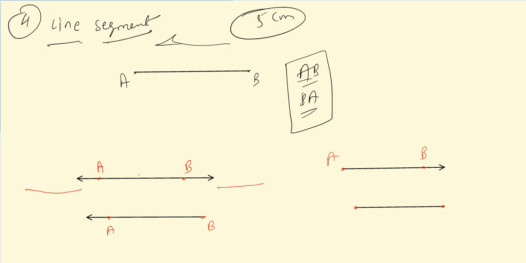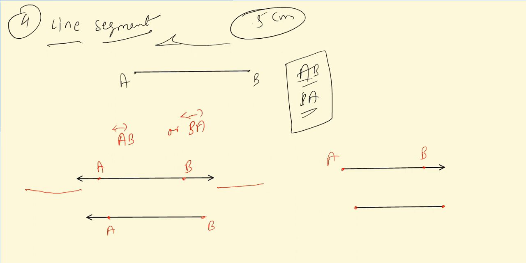So in both directions you can extend this line. So this is your line. You can write this as AB or BA or simply line AB.